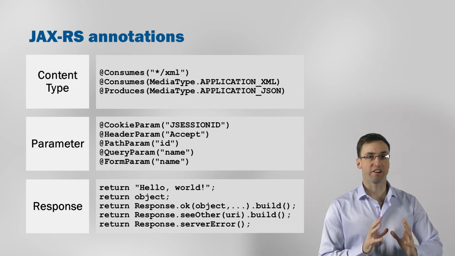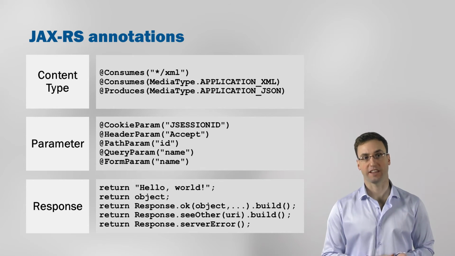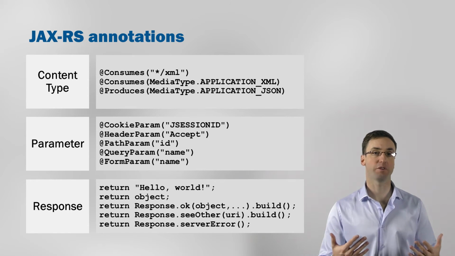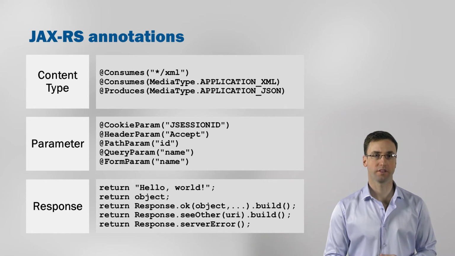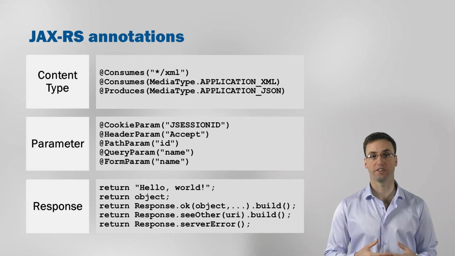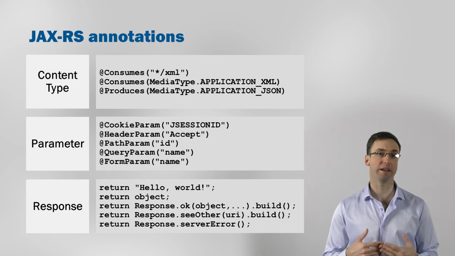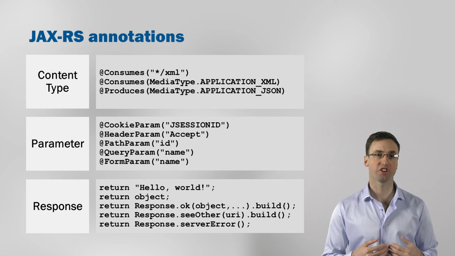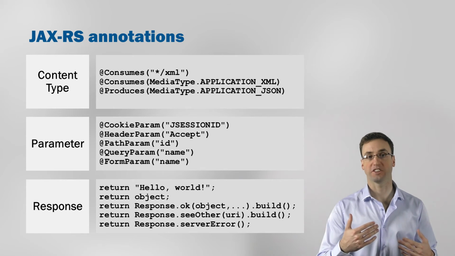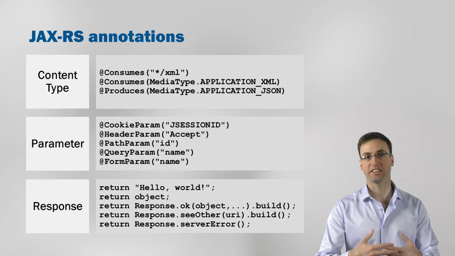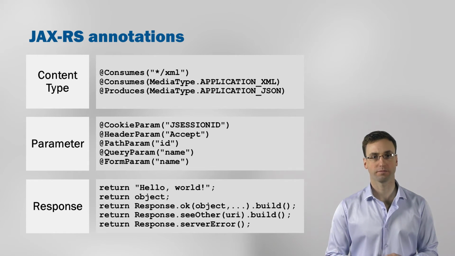But first, there are other annotations in the JAX-RS specifications. I don't want to bore you with the details, but I'd like to give you a taste of what's possible. For example, you could have methods that handle different kinds of supplied content types. And you could also have methods that produce different kinds of content types. The application server will choose the right method that matches the supplied content types and the preferred response type in the HTTP Accept header.